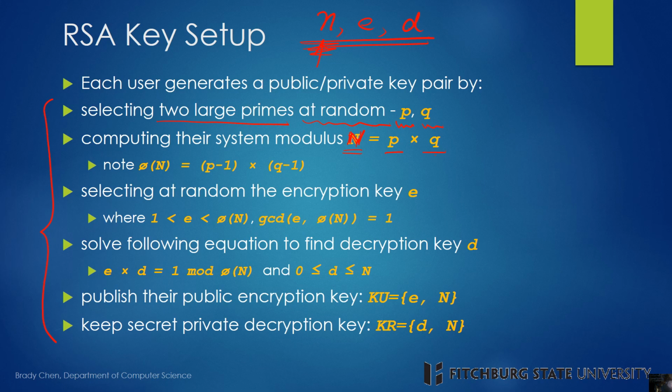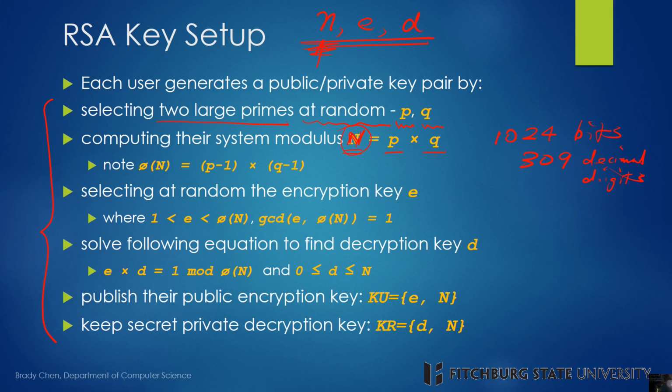Now if we want to make n very big, so big that it's close to 1024 bits or 309 decimal digits, that's the size of the number.